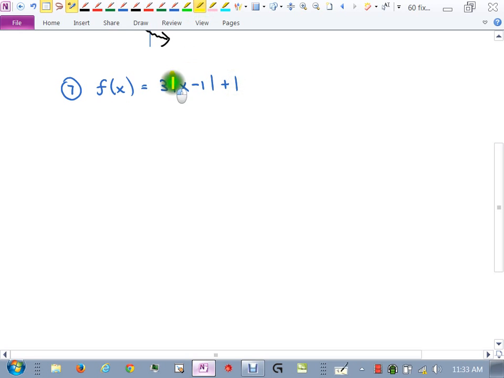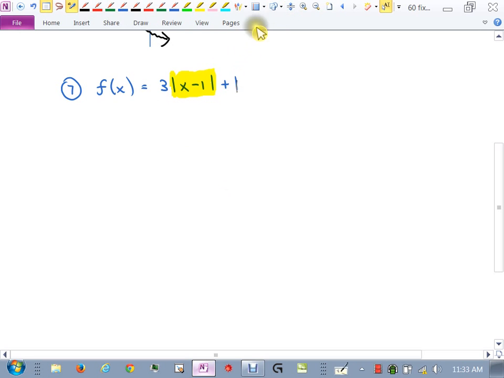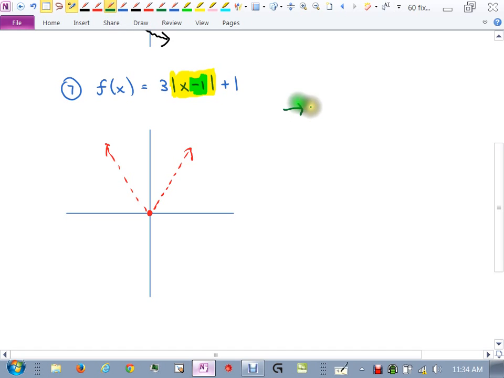So the fact that this is an absolute value function tells me that the toolbox function is going to look like a V. So I know my original function starts out here, comes up like that, comes up like that. And then inside the function I have a minus 1 next to the x. So I go opposite of what I think. That means I'm going to actually go to the right one.